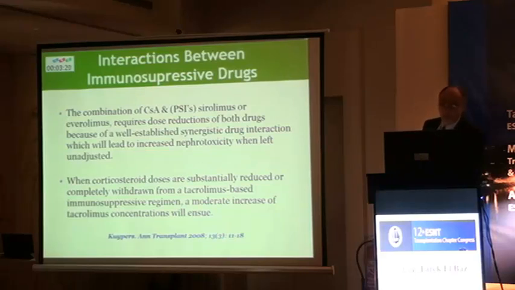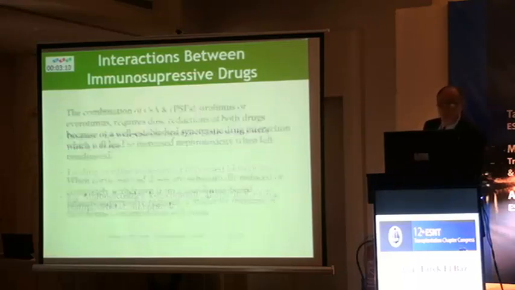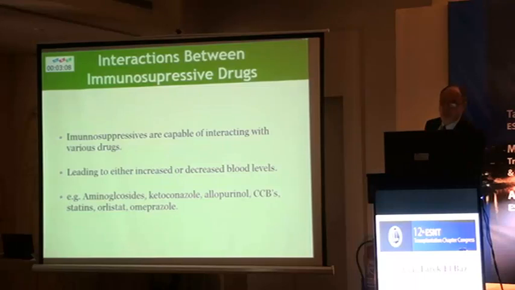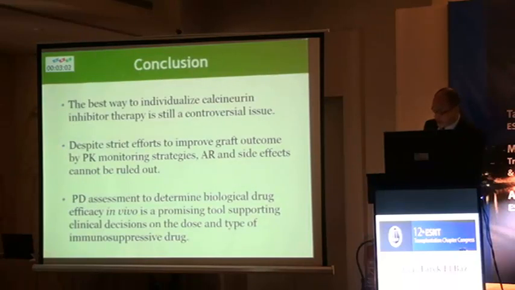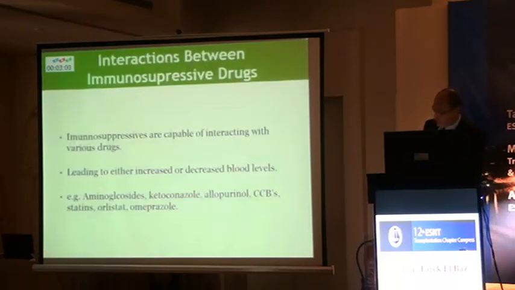They may need adjustment because the tacrolimus levels would increase when you start to minimize or decrease the levels of steroids. Immunosuppressants are capable of interacting with various drugs, leading to either increased or decreased blood levels. And here are some examples of these drugs.